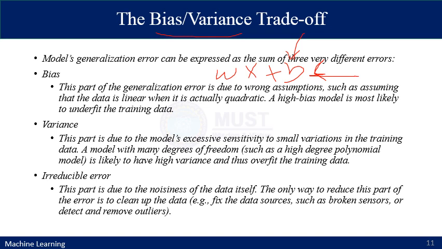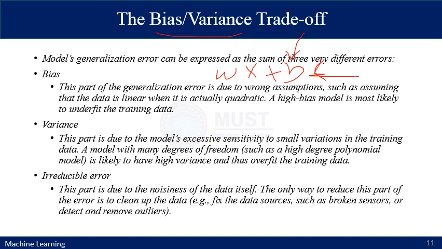So in simple terms, if you have a simpler model, the bias will be high and it will have underfitting of the data. On the other hand, if you have a high variance, your model is sensitive to even noise as well. Therefore, it will have an overfitting problem.